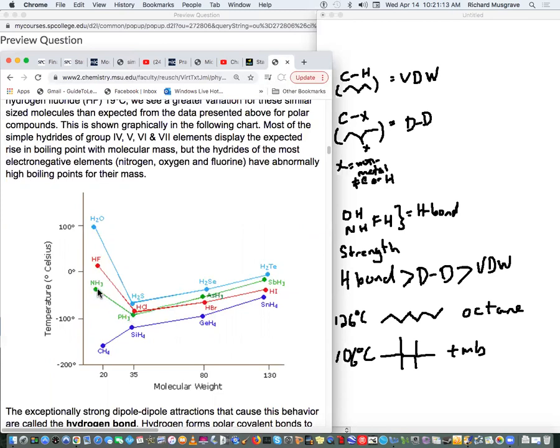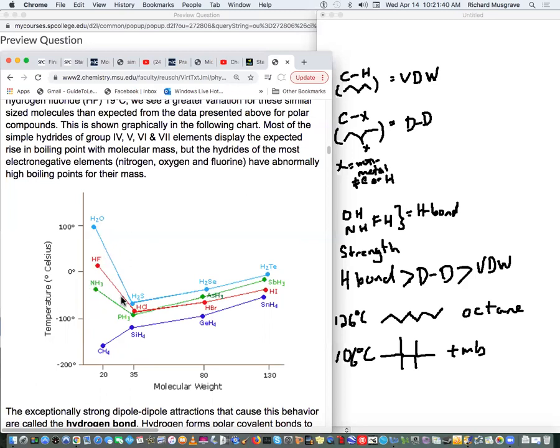Now, when we're looking at NH3, I would have expected that NH3, if it was following the same trend as the carbon here, would have been around minus 130. It isn't. It's at like minus 33. It's so much higher than it should be. Same with the HF, it should be down here about minus 100. The H2O should be here about minus 80 or something like that.